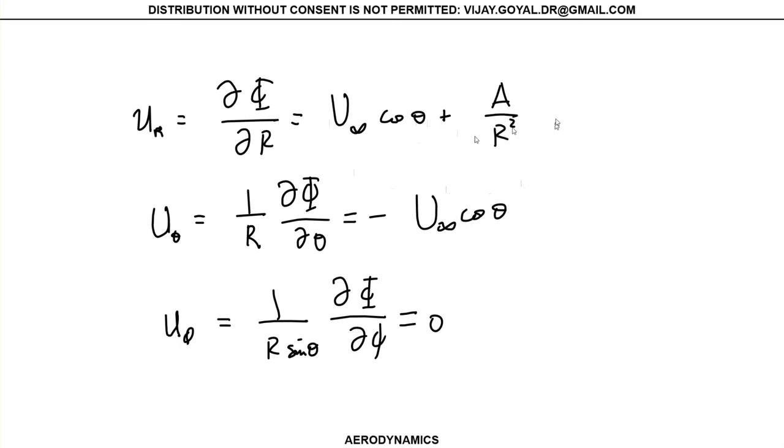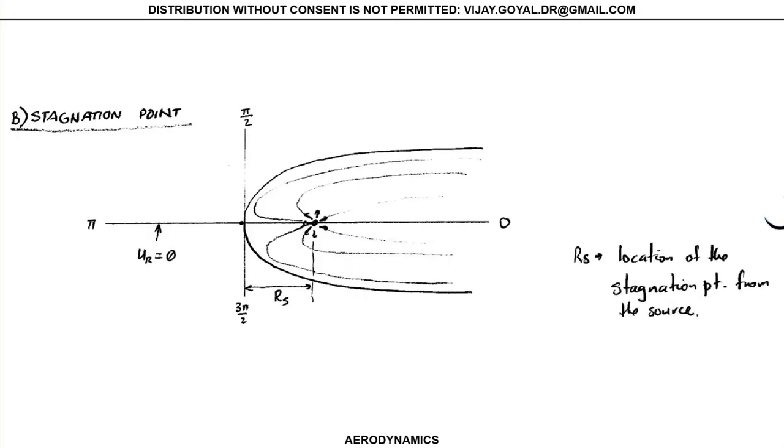We know that, right? So keep that in mind. So RS is the distance from your stagnation point to the location of your source. Okay, remember your source is generating flow in this direction, this direction, this direction. So now when we move on, let's go ahead and do some math here.